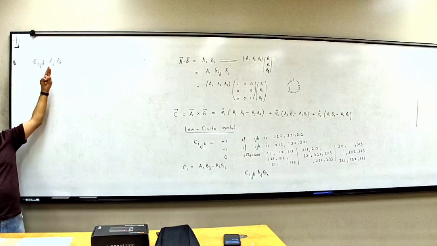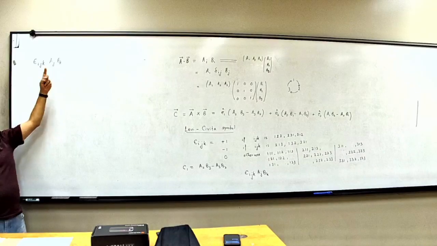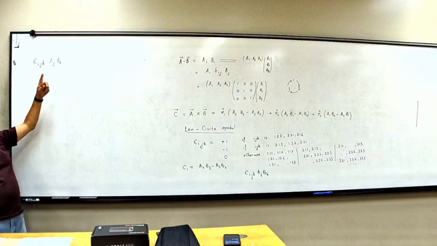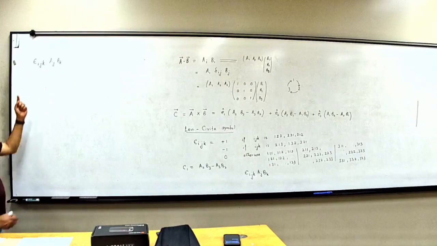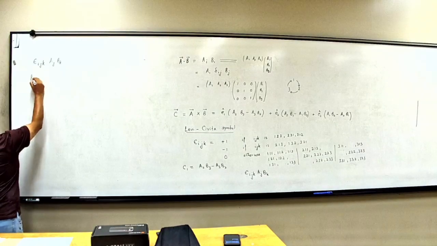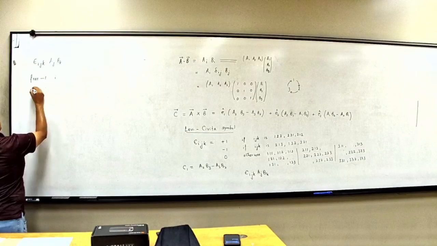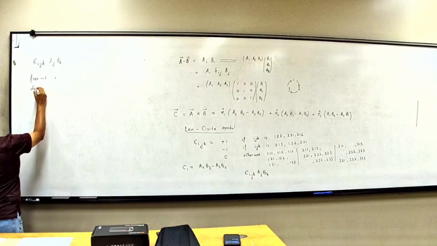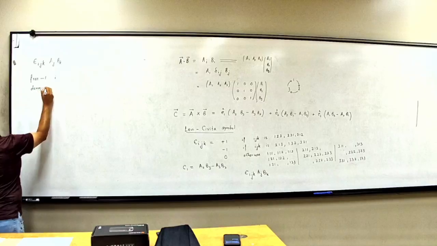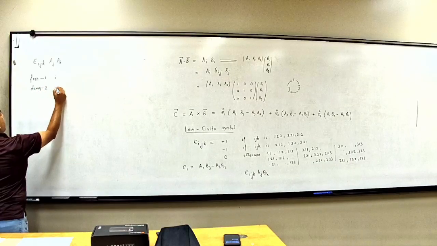Is this a scalar, vector, tensor? It has one free index, so it'd be a vector. Good. So how many free indices? One, and that is i. And how many dummy indices? 2, that is j and k.